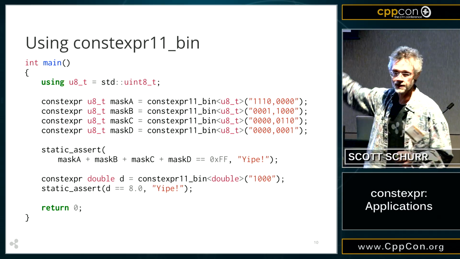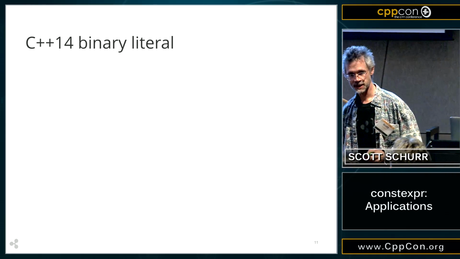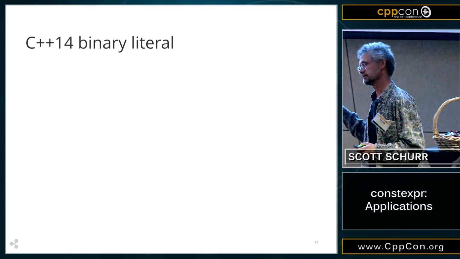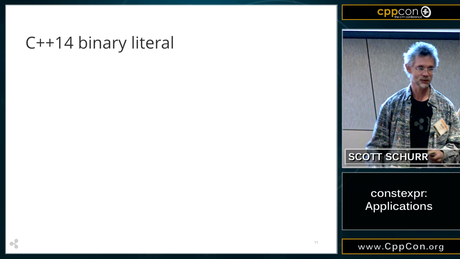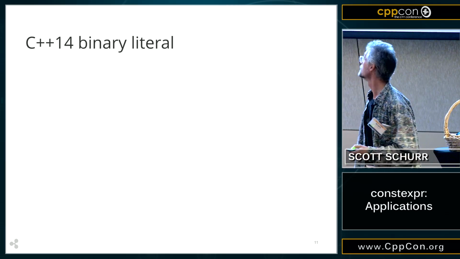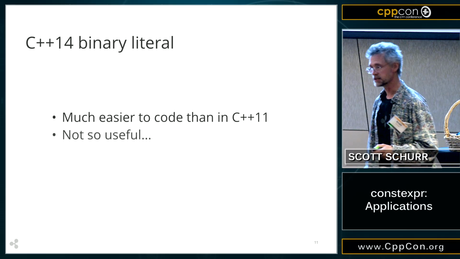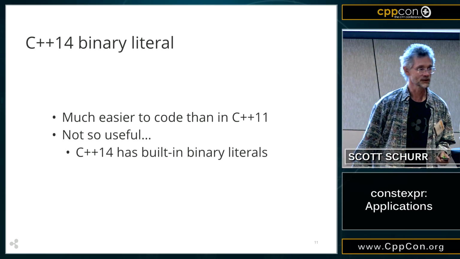Yeah, so those are all compile time values. In C++14, the rules get relaxed quite a bit. And hopefully there'll be a video of yesterday's, and if you care about some of those rules, I go through that. So in C++14, it's easier to code, not quite as useful because there is a binary literal.